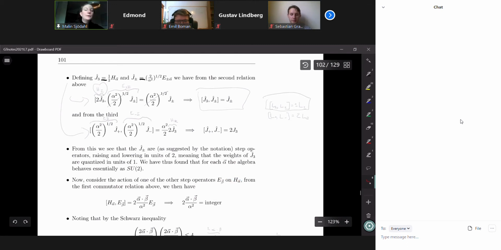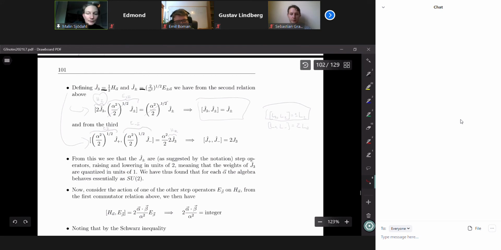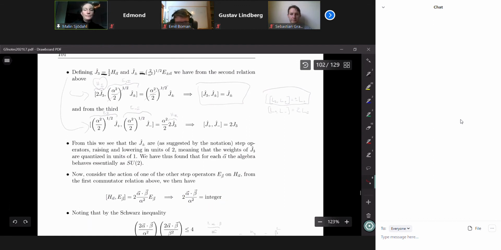And then from one of the commutation relations we had above, we see that since we must also have a quantized spectrum of points for E beta, this must also be an integer.